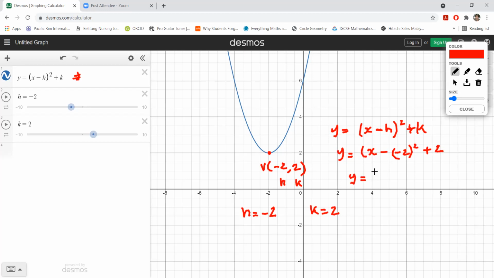So y equals x plus 2 squared plus 2. So be careful with the plus 2. It seems kind of strange, doesn't it? Because you're going negative, you're going in this direction, but it's plus 2. It's just one thing you have to get used to, because the general form is negative. So you need to change this negative to plus.